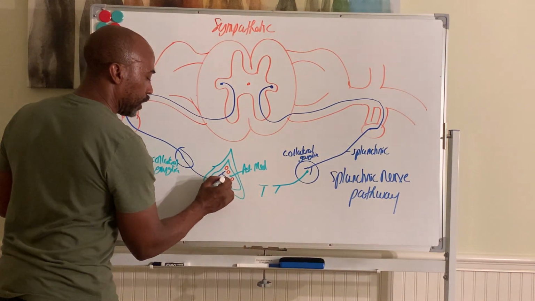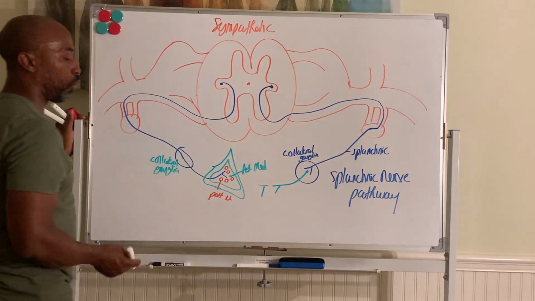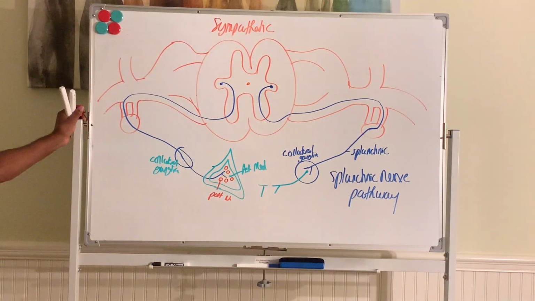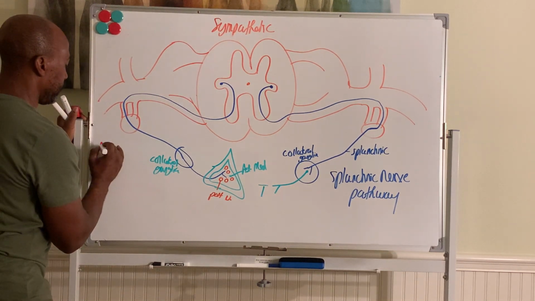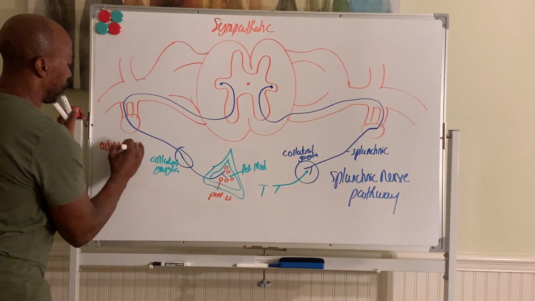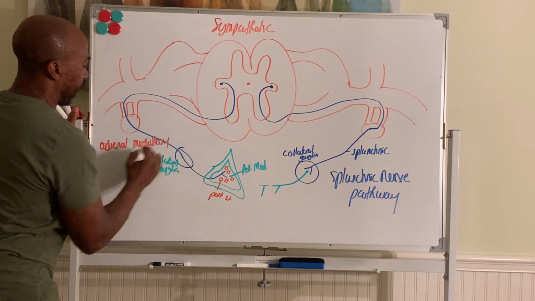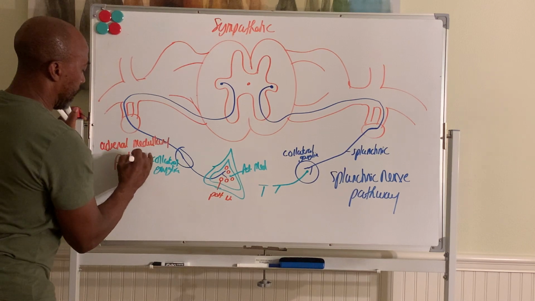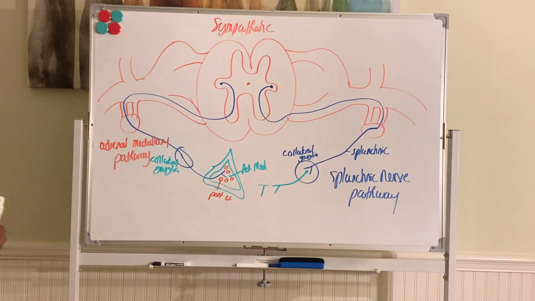These are the post neurons that will release epinephrine and norepinephrine into the body. So this system is called your adrenal medullary pathway. So you have 4 pathways. Okay, we'll pause there.